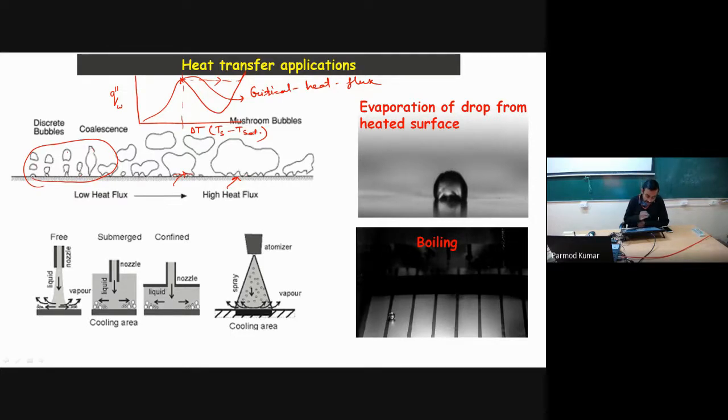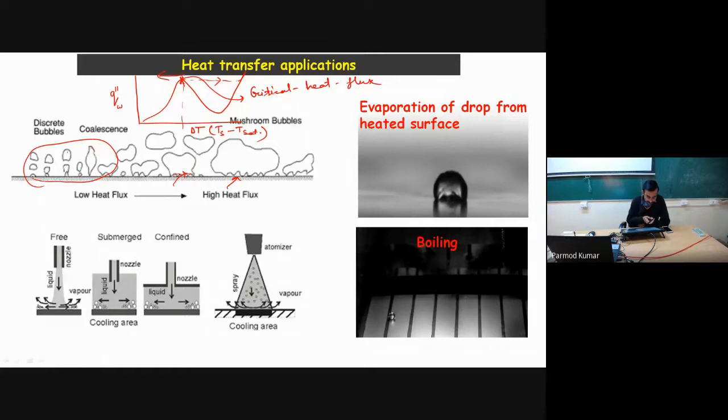So in order to have high heat transfer, we want to operate on the left side of this curve. For that, we need a surface which can delay our reaching this critical heat flux.